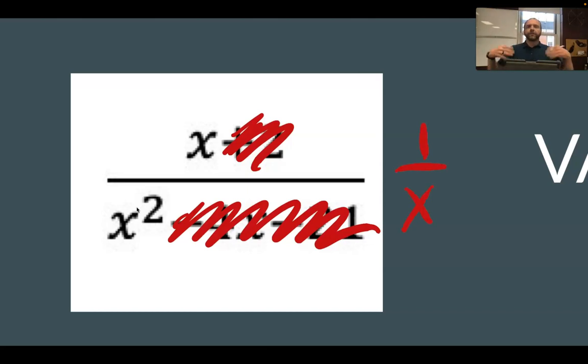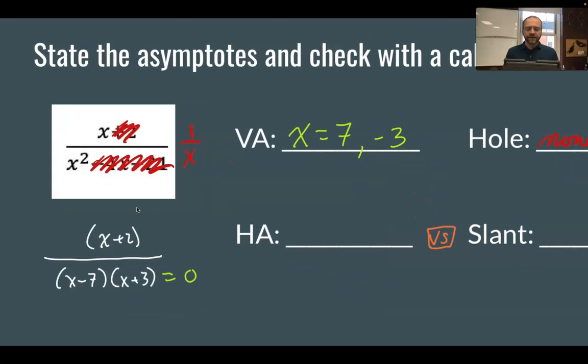Now, if I plug in real big numbers, that's end behavior, that's what horizontal asymptotes are. If I plug in a really big number for x, 1 over infinity, you just keep plugging in bigger and bigger numbers. If I take 1 and divide by bigger and bigger numbers, it's going to approach 0. So y equals 0 is my horizontal asymptote.